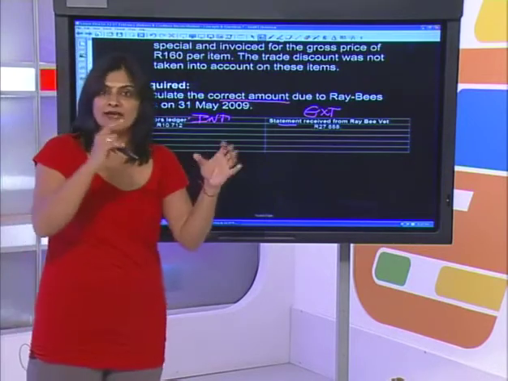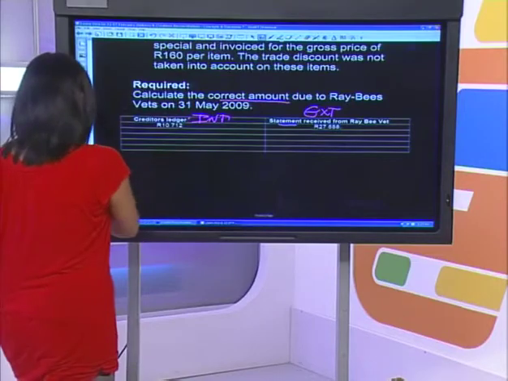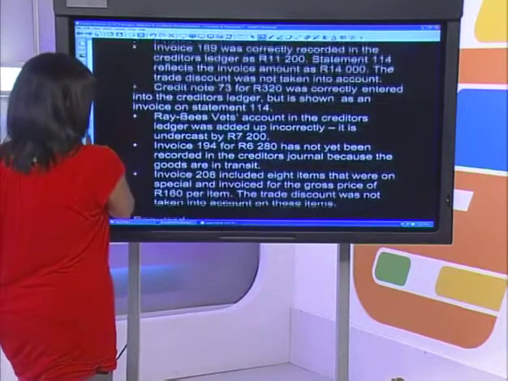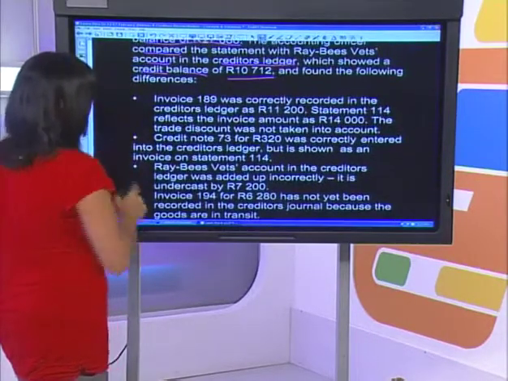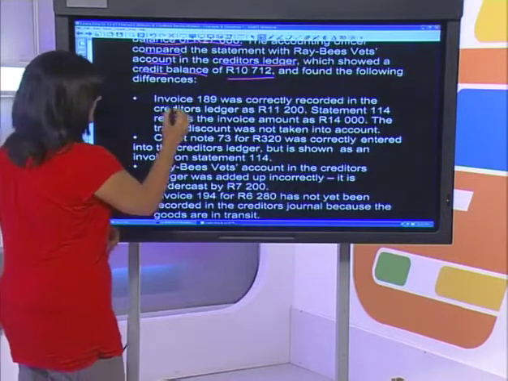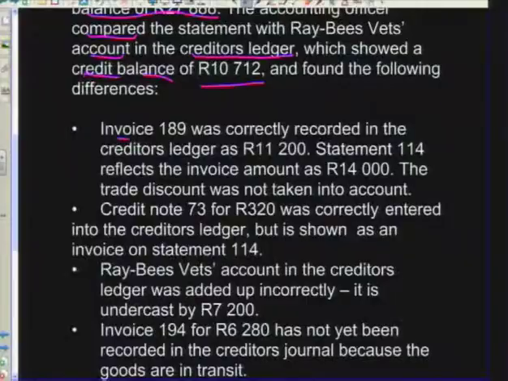So let's now tackle, or let's go straight to those differences that were discovered. Okay, the very first difference. Invoice 189, so the word invoice represents a purchase, was correctly recorded in the creditor's ledger as 11,200.